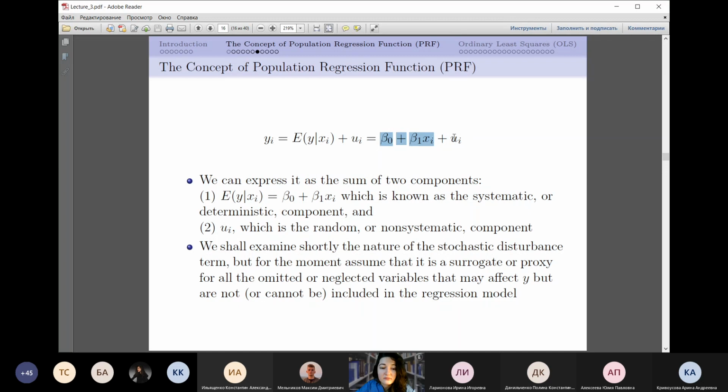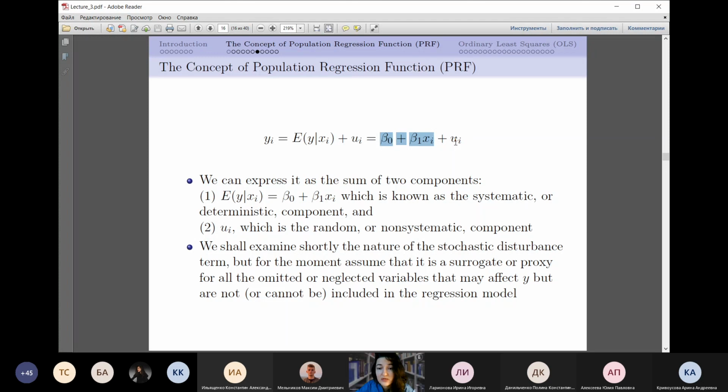There are a lot of different reasons why we can't include all the omitted variables in the model. For example, incorrectly measured data, or unavailability of some data, because we may not have quantitative information about the variables.